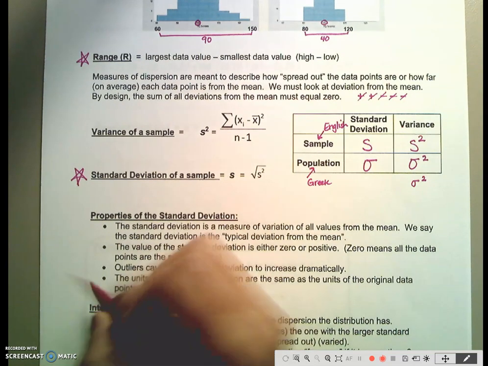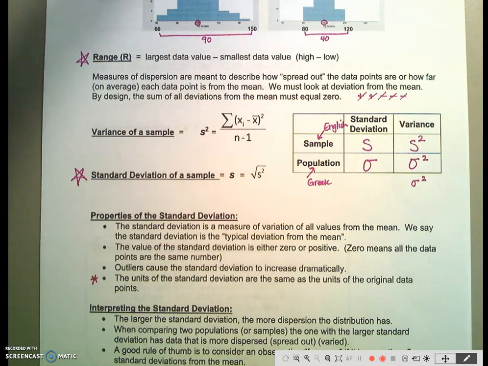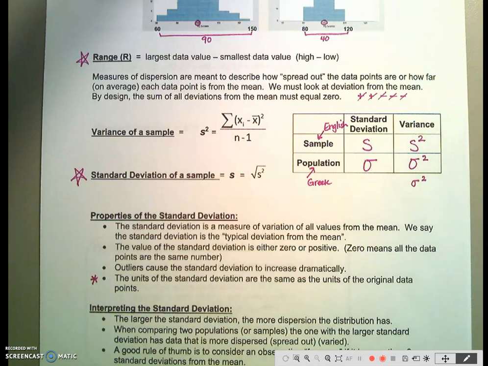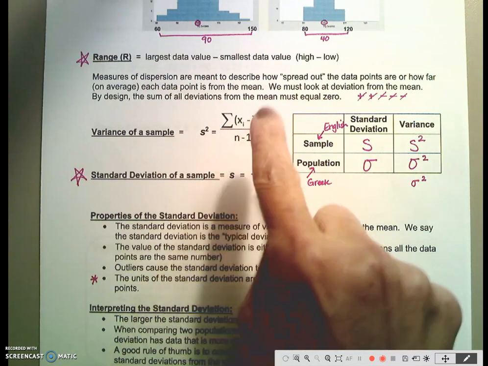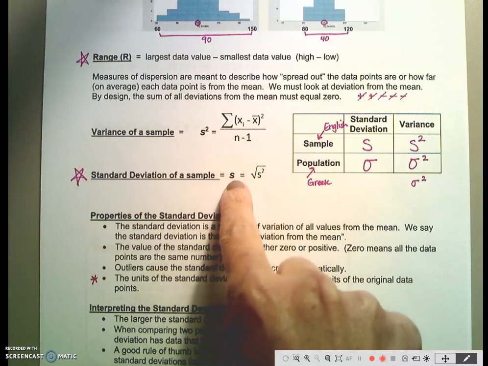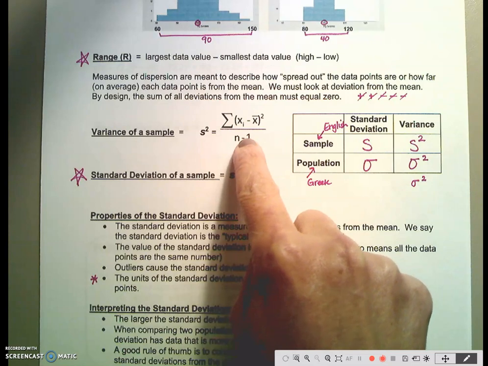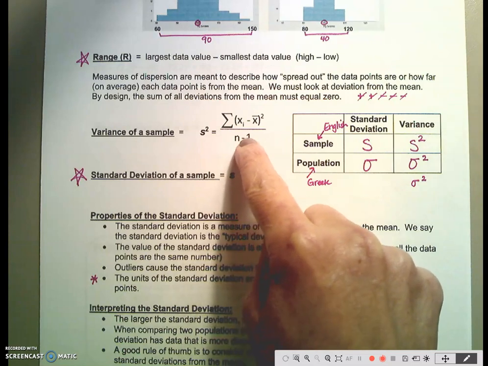The really big reason that we like to use standard deviation is because the units are the same. When you calculate variance, let's say you're measuring dollars, okay? Then standard deviation would be dollars. Variance would be square dollars. And I don't know what the heck a square dollar is, and I don't know how to interpret it or talk about it.